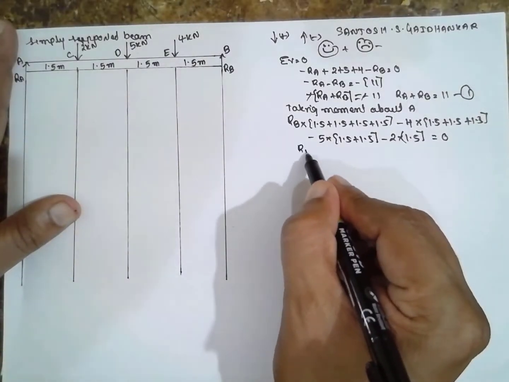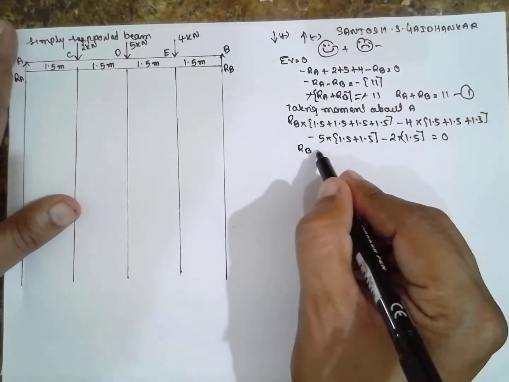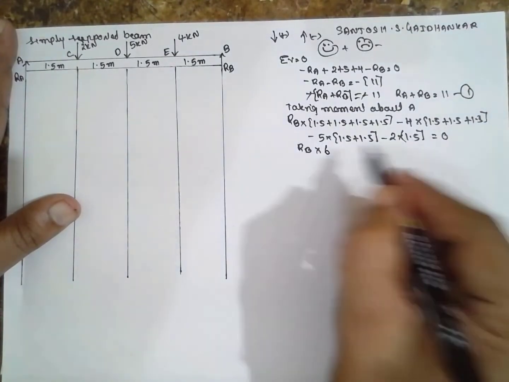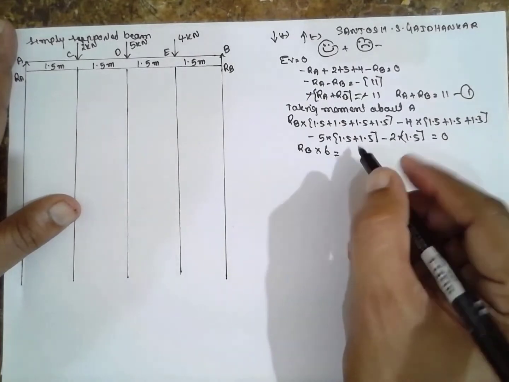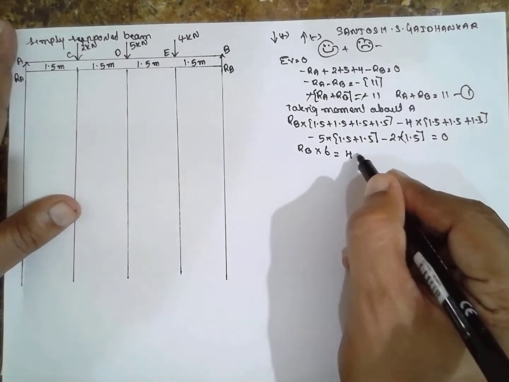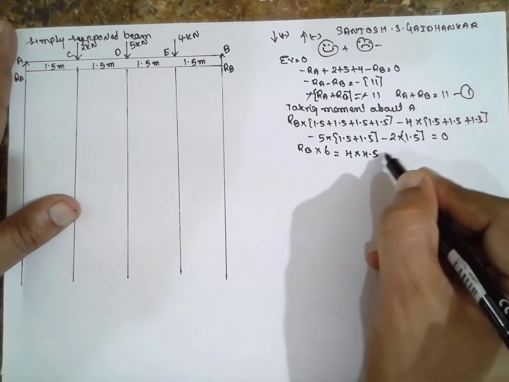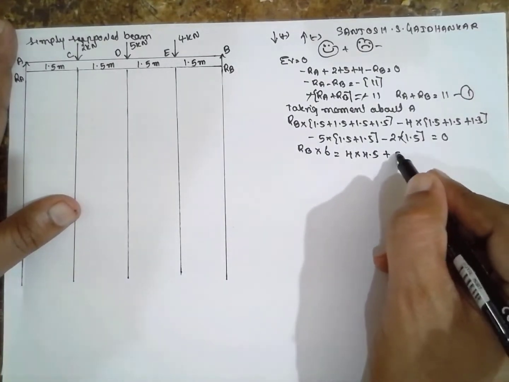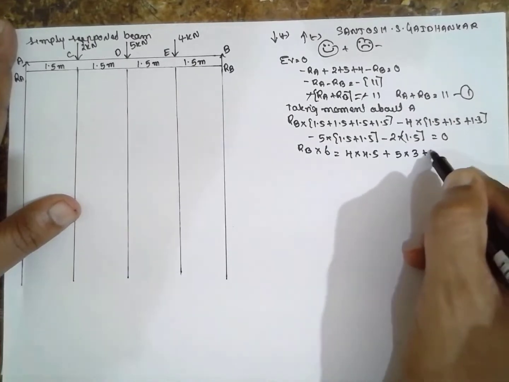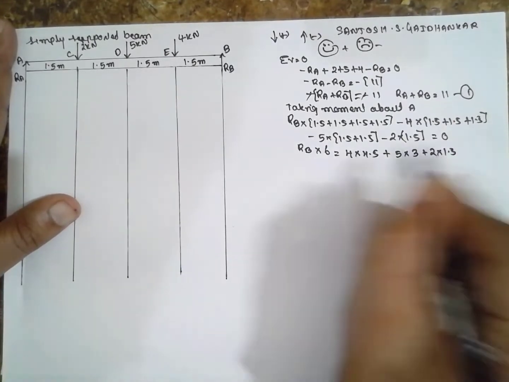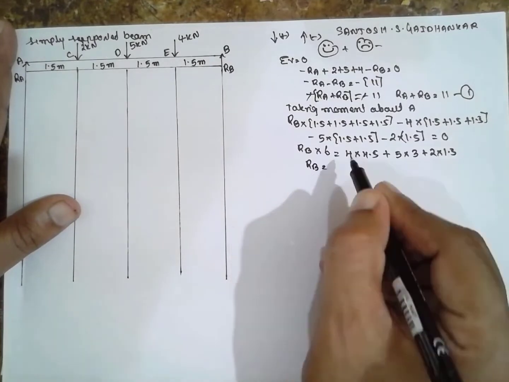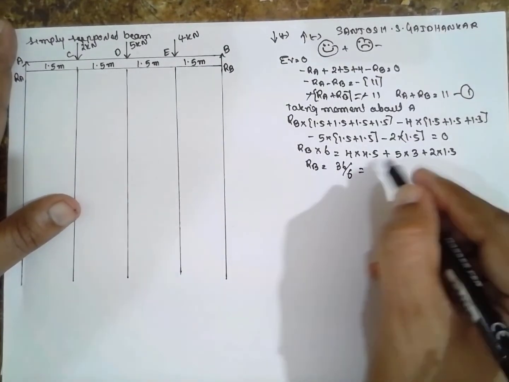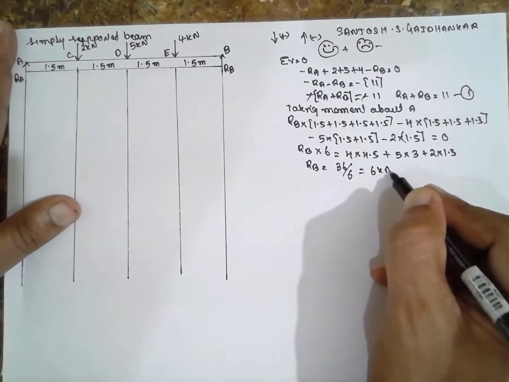Therefore RB into 6 equals 4 into 4.5 plus 5 into 3 plus 2 into 1.5, so RB is equal to 36 divided by 6, which gives 6 kilonewton.